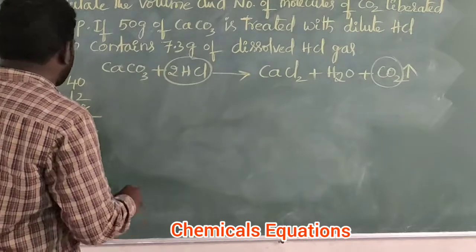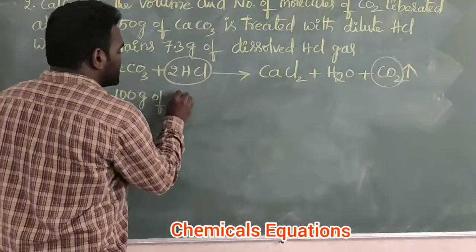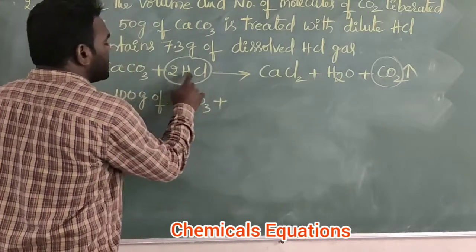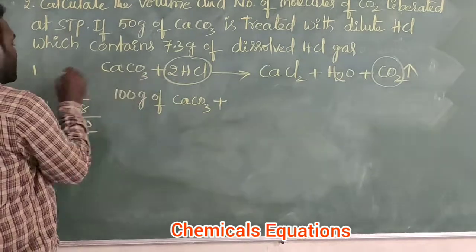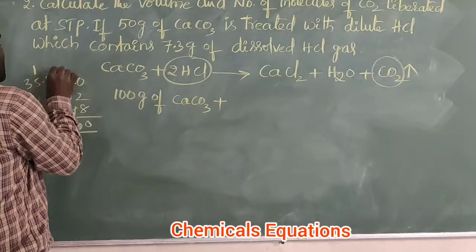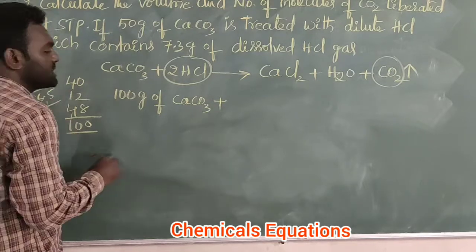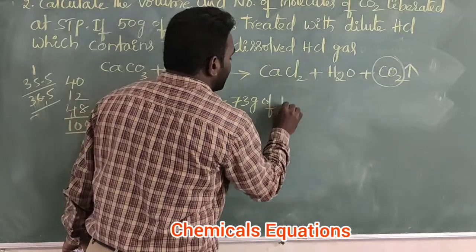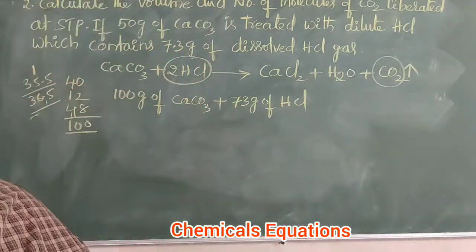Therefore you write 100 grams of calcium carbonate. 100 grams of calcium carbonate reacts with how many grams of hydrochloric acid? Here hydrogen atom is 1 and chlorine is 35.5, then you will see here 36.5. Here 2 into 36.5 is 73 grams of HCl. Then you will see here.